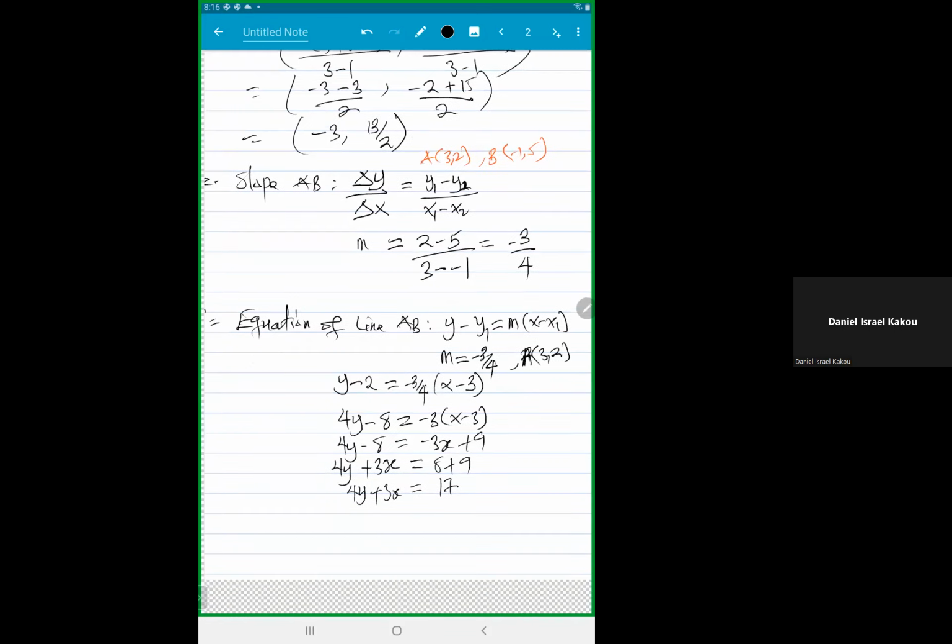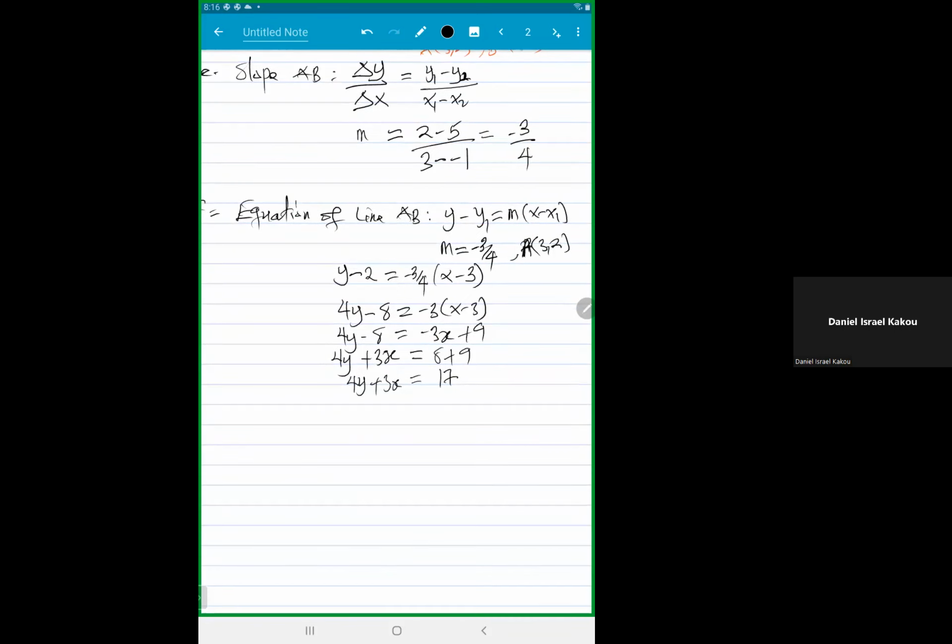Now, let me use this to also talk of the fact that when we have an equation of a line, we are able to tell the gradient of that line. I mean, the formula can even do that for us, right? I'm done solving this anyway, but given the formula, y minus y1 equal to m into bracket x minus x1, if I make y the subject, I have m into bracket x minus x1 plus y1. And I'm able to tell that this term here is the gradient.